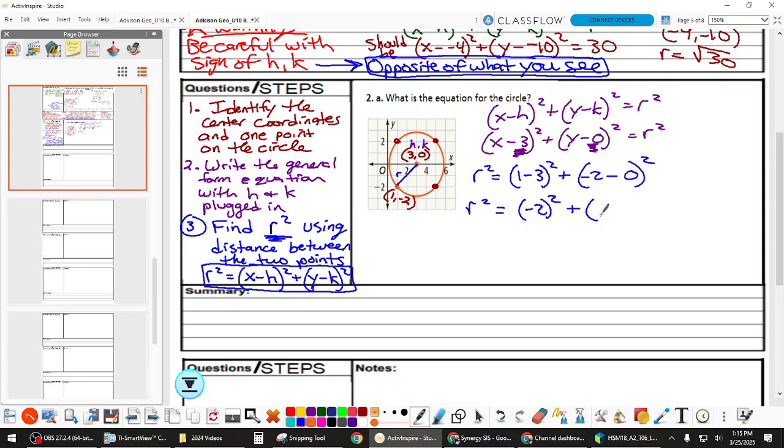Negative 2. What is negative 2 minus 0? Negative 2. Okay, so this is 8, just like we thought it would be. Negative 2, let me write it one more line, I guess, just so we don't get confused.